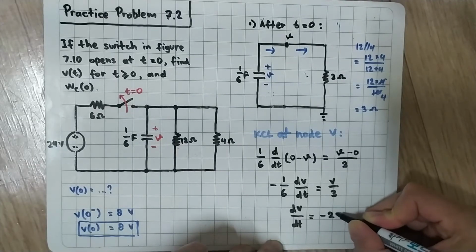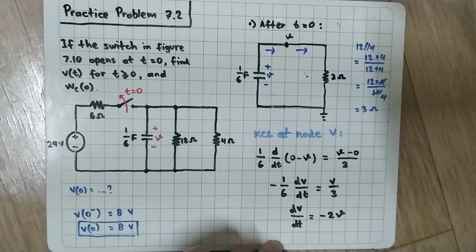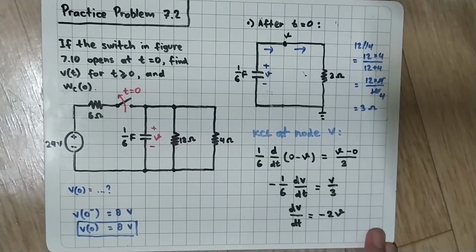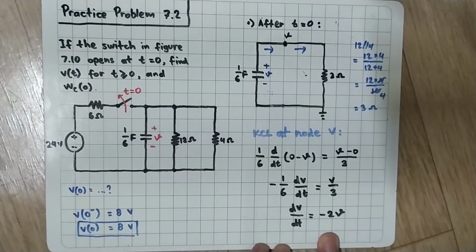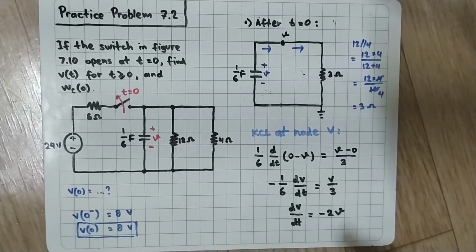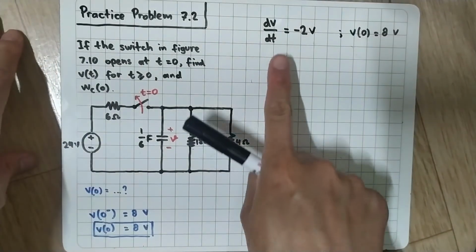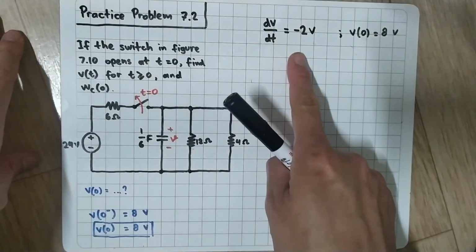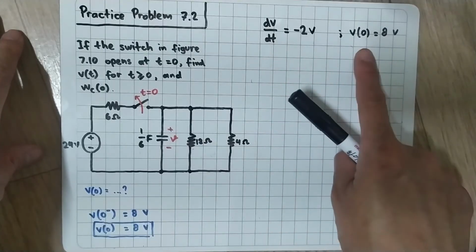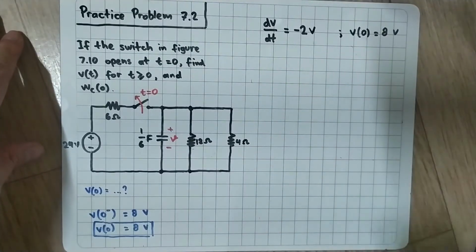Minus 2V. Okay, so we now have these differential equations, and this is our initial condition. Okay, let's solve that, but first we need to erase this. Okay, now I have these differential equations of first order, and this is the initial value problem.